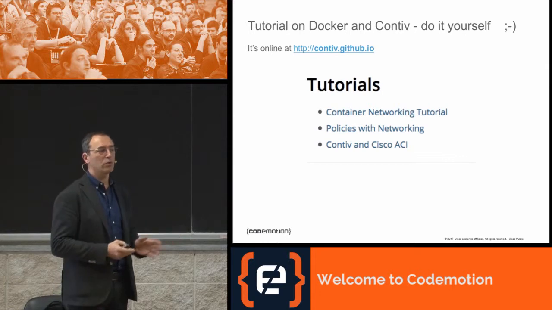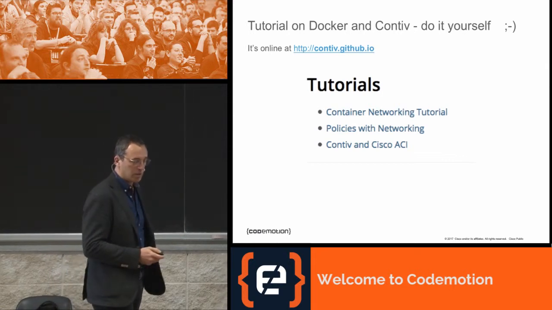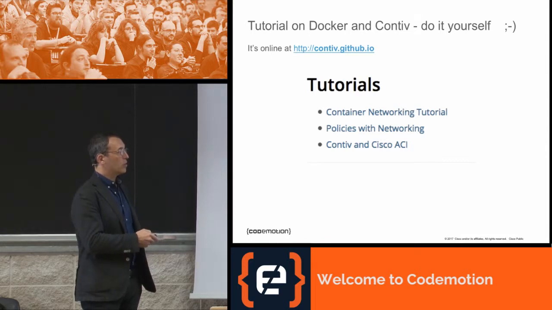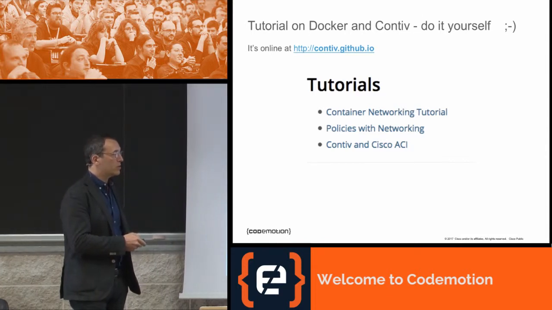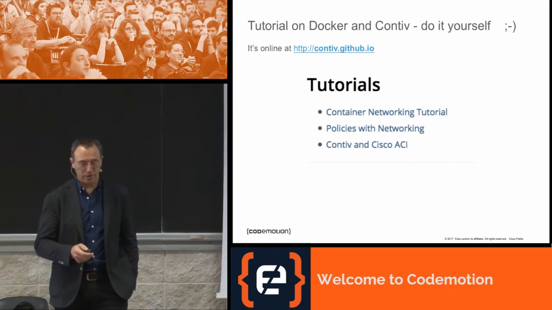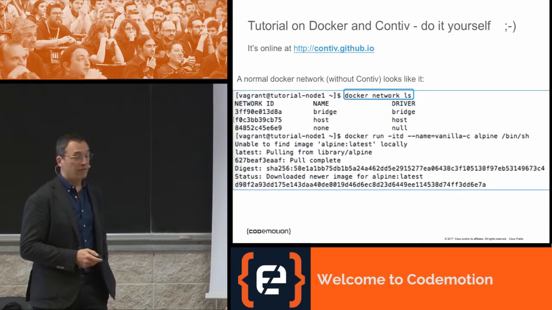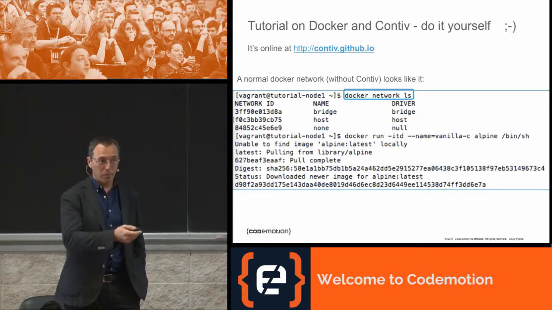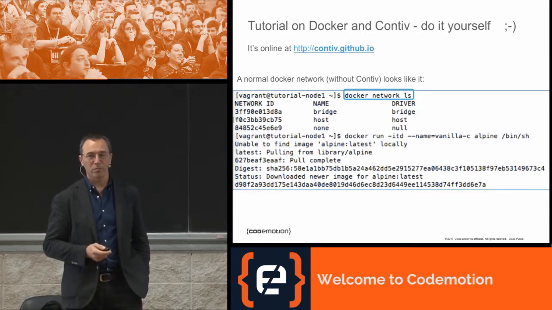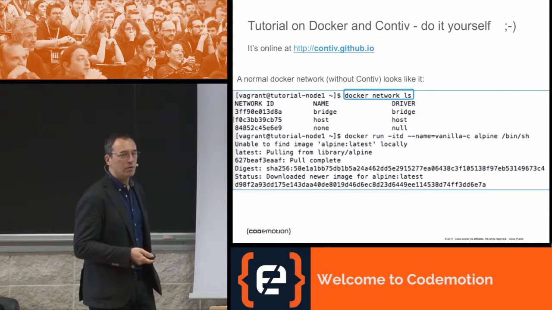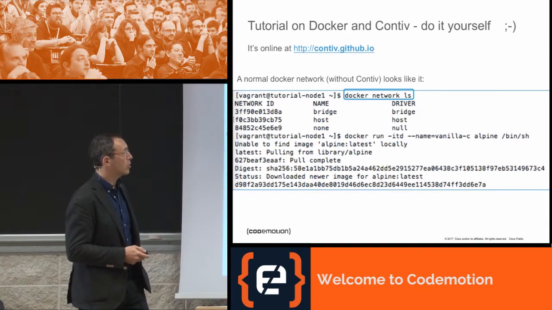But if you start with the tutorial, it's very, very easy. And we offer different tutorials on container networking, on application of policies, and eventually the integration with ACI. So now we will see something together, but please go there, download it, and play because you will be excited by the easiness and the results of the tutorial.